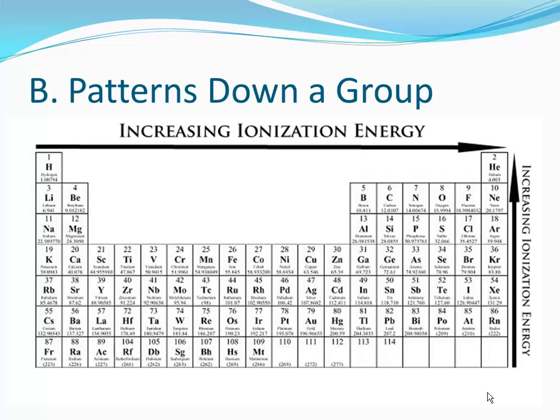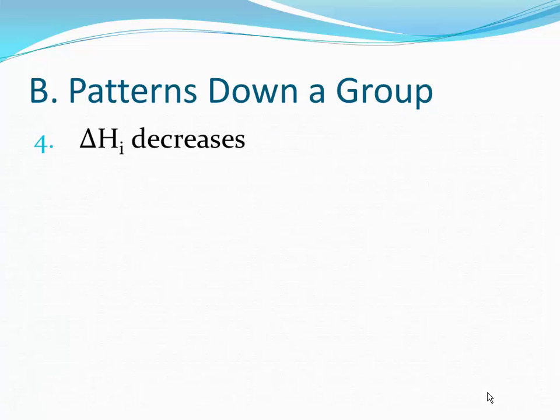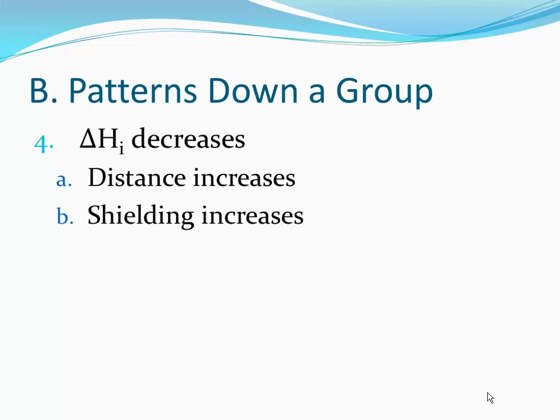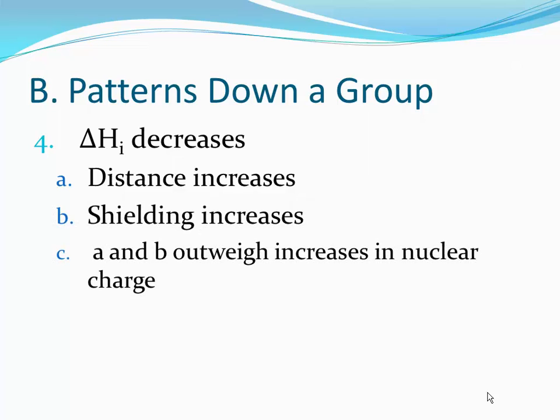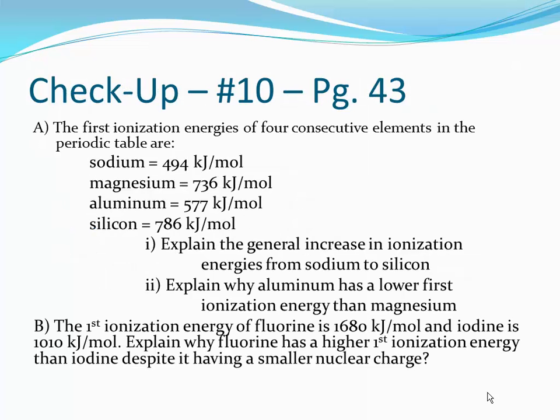To talk about going down a group, the ionization energy actually decreases. One reason is the distance. It's very easily removed. Even though your protons are increasing, you're going to a different energy level, so the radius of the atom is increasing, and the distance between the protons and the outer electrons is greater.